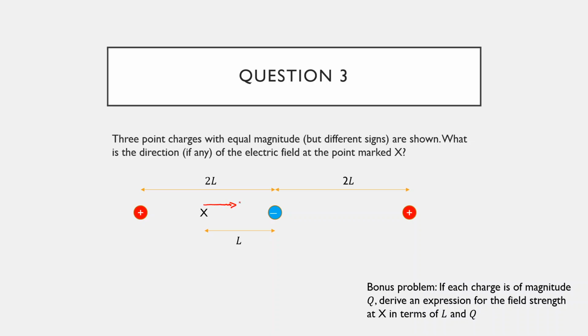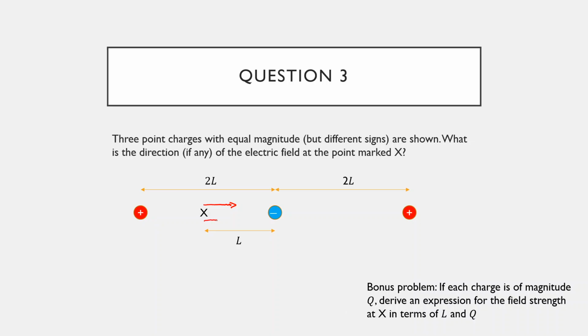The field due to this negative charge in the middle: you've got to remember that the field points towards negative charges. And if the charges are the same magnitude, and this point X is exactly halfway between this positive and negative charge, then the magnitude, the size of the arrow, is going to be the same as the one from the positive charge.